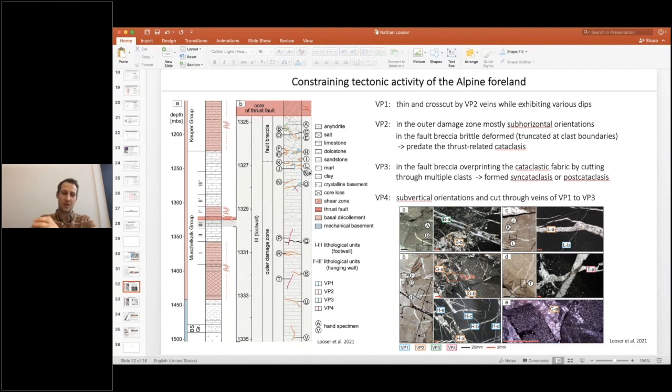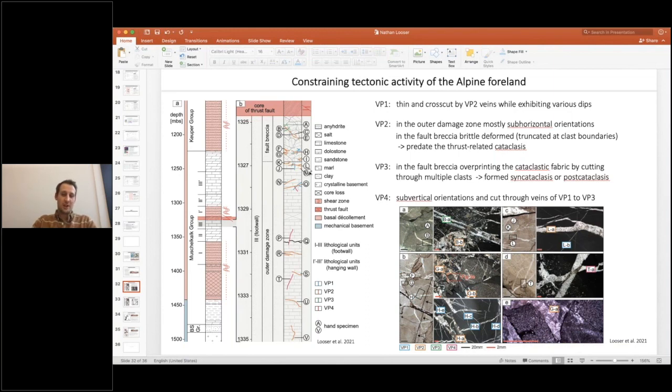So you have clasts that are rotated. Within this fold fracture in the footwall of the thrust, we see 4 populations of veins that we can keep apart based on structural relationships.